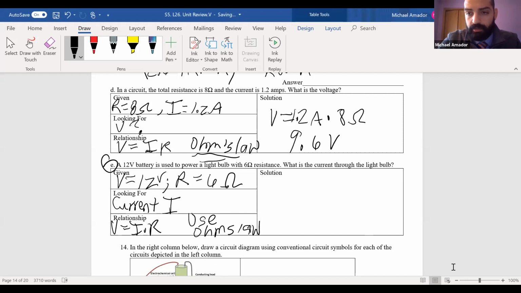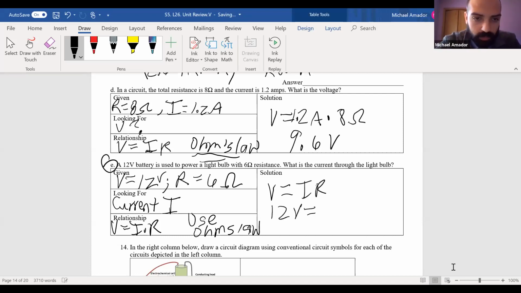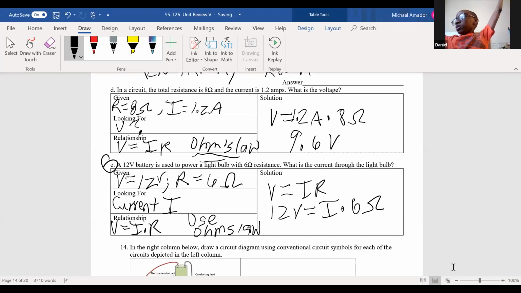Okay, Leilani, do we have everything that we need to be able to solve this problem? Yeah, we can just plug it in. Just plug it in. So we have V is equal to IR. 12 volts is equal to I times 6 ohms.